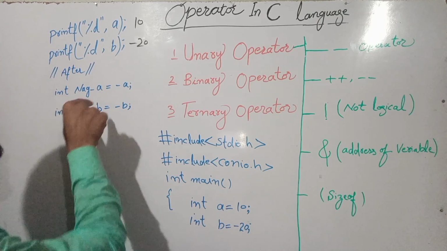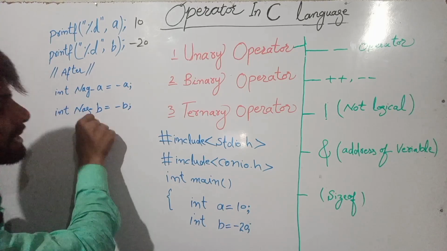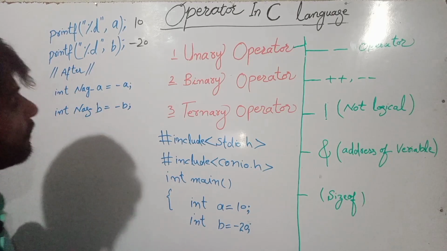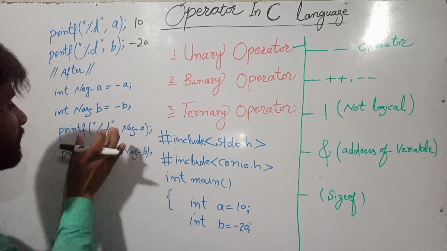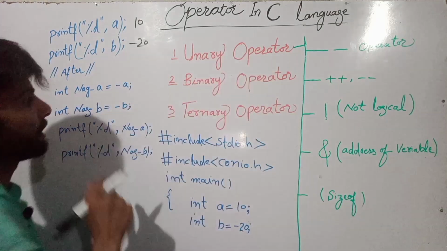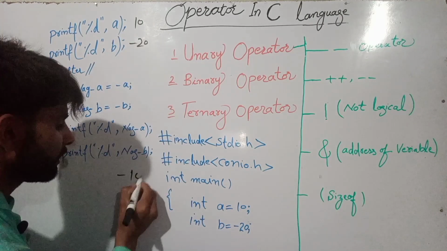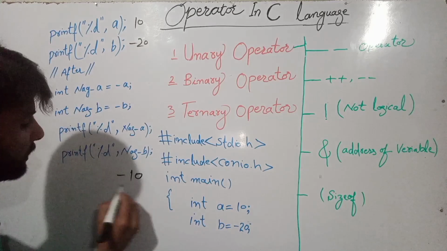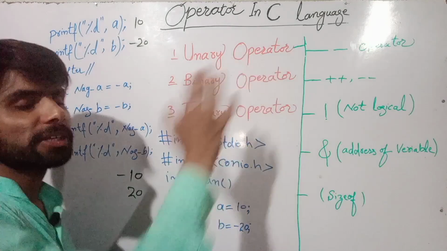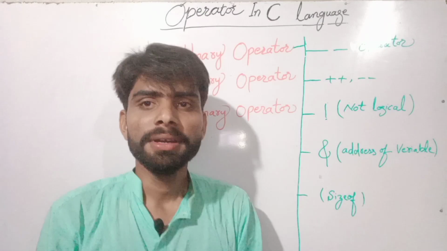So I created new variables, neg_a and neg_b, which mean the negated values of a and b. Now if we print neg_a, that is a multiplied by the minus operator, what will be the output? The output will be negative 10 and positive 20. I hope you got it. The negative operator is used to convert a positive value into negative and vice versa.